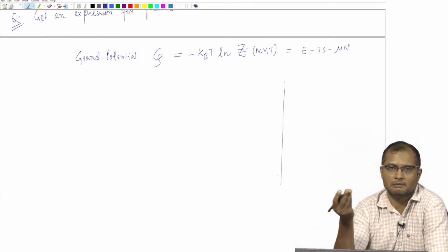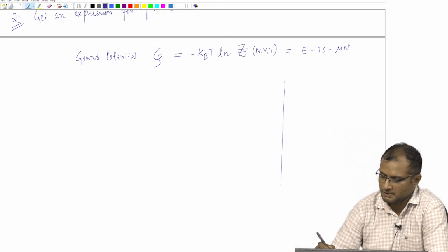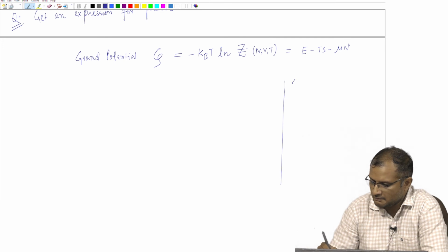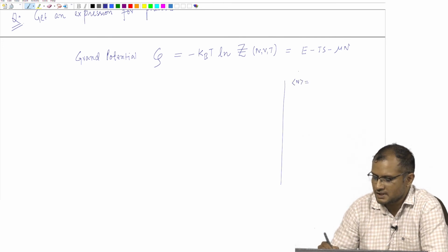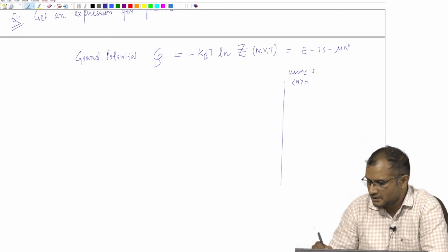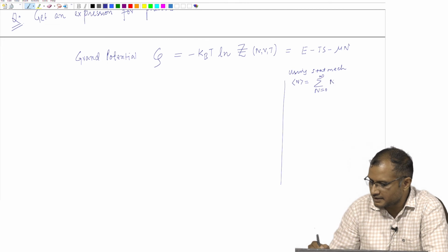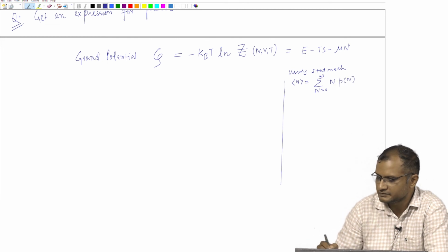You simply measure some observable in both the approaches. So, you measure for instance the mean number of particles using StatMech. This is an observable. Using StatMech, this is nothing but the summation n going from 0 to infinity of n sampled in this distribution, that is the mean number of particles.